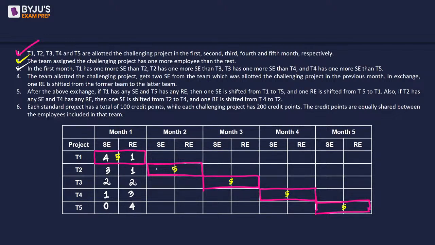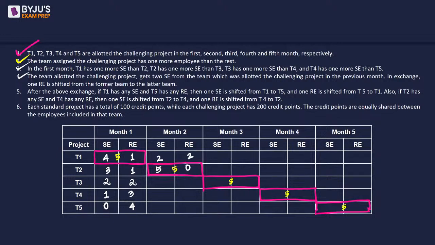So 4 will come here. This 3 is already there, 2 more will come in. This will become 5. This is 2. This is 1. This is 1 as of now. Okay. In exchange, 1 RE is shifted from the former team. One RE is shifted. So that would mean this 1 becomes 0 and this goes here and becomes 2.